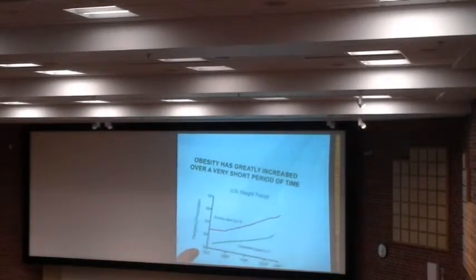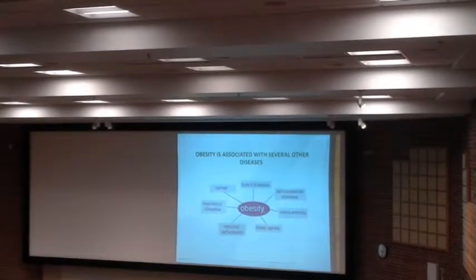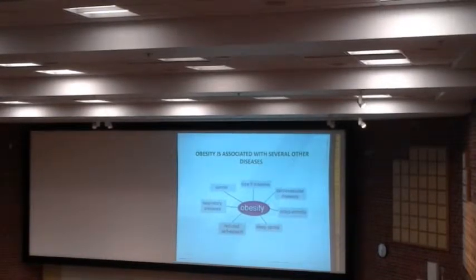This has great consequences because obesity is associated with, and I'm very careful with my words here, associated with many other diseases. Does this mean that obesity causes many other diseases?